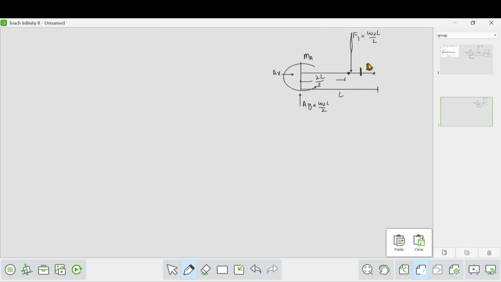Now if I take this portion of the cantilever beam, we can find the shear force and bending moment at any point of this beam. So I will draw a free body diagram of this portion. This is a UVL load at X place, where X is unknown, and this is the total length. Now I want to find the shear force and bending moment at this point.